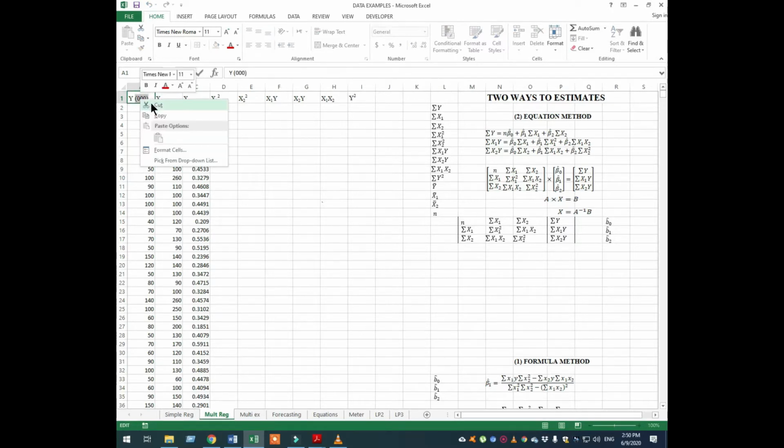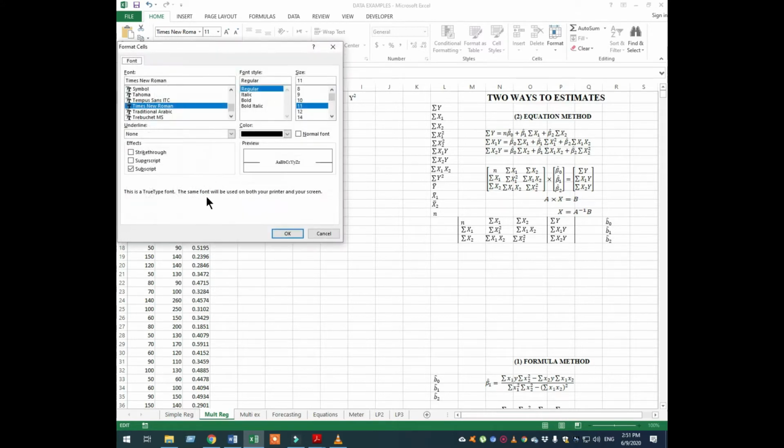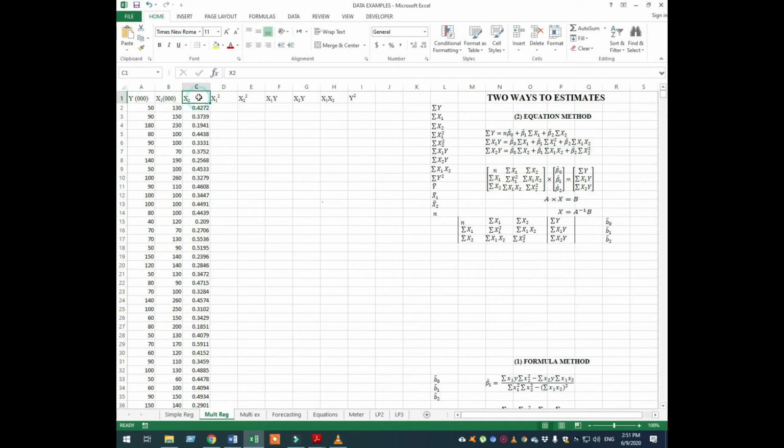I'm just copying it again, and it is showing in subscript. I will change it to normal by going to Format Cells and unchecking the subscript. Okay, so this is again in 1000, and that is the food expenditure into total expenditure, so that would be in ratio form.